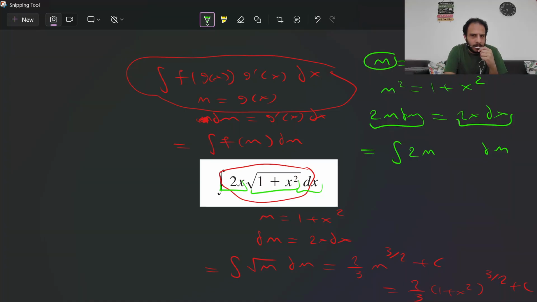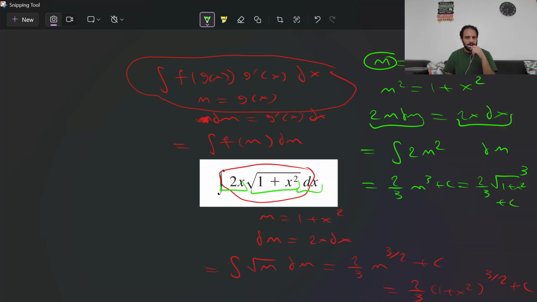The square root is m, right? So times m, or you can write it m squared. Then integrate now: 2 over 3 m cubed plus c. And this equals 2 over 3 square root of 1 plus x squared cubed plus c. Is it the same solution?